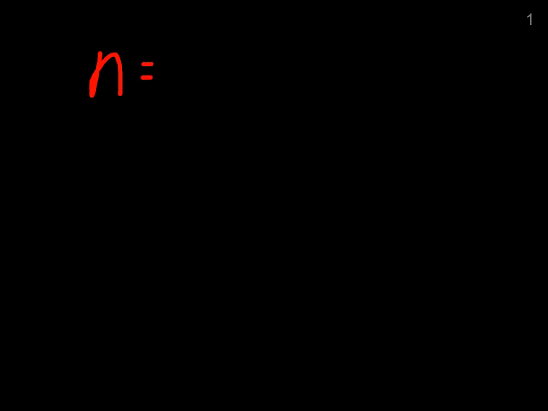And n can represent any integer: 1, 2, 3, 4, 5, and on. Now the periodic table, like I said, bottoms out at n equal to 7, but theoretically n can keep going.